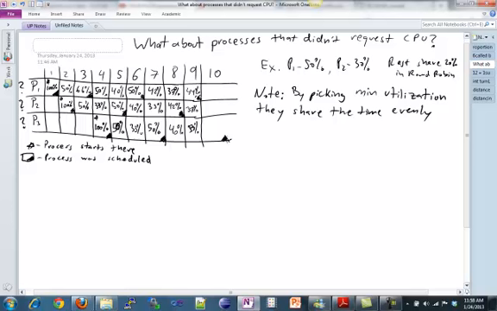So our big idea for this part of the implementation is picking min utilization, which means that the processes round robin the remaining time.